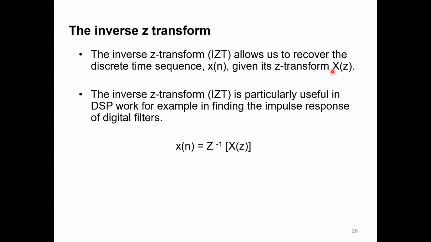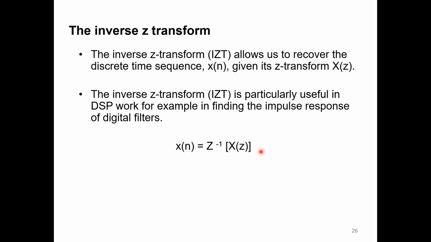But nobody can understand the solution in that world. So you have to bring it back to the normal world, time world, right? Then only you can understand what the solution is. So therefore, inverse Z transform is also very important. Inverse transform is the inverse of the forward transform that we have done already. So if you know the forward transform, you can figure out the process of inverse transform also.